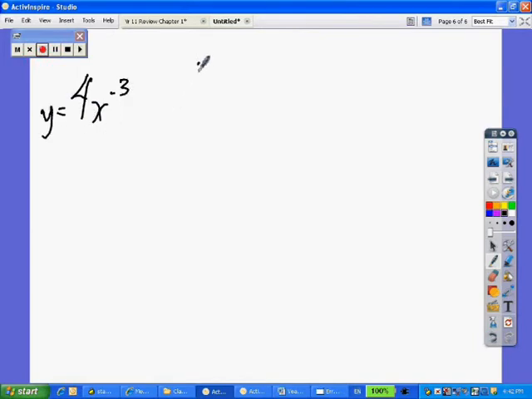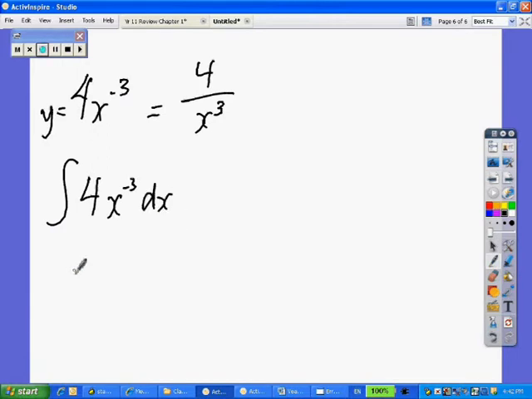We could say that this whole thing is equal to 4 over x to the power 3. They're pretty much the same thing. I don't necessarily need to do that. I'm just going to do the integral of 4x to the power of negative 3. Don't forget the dx.